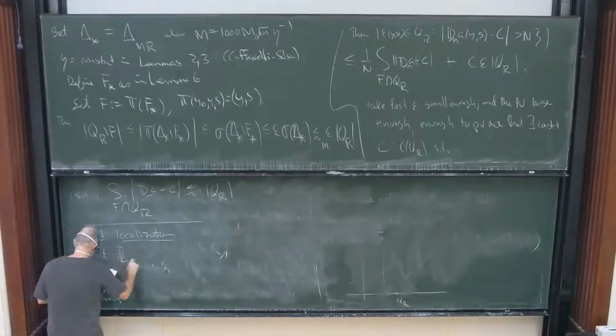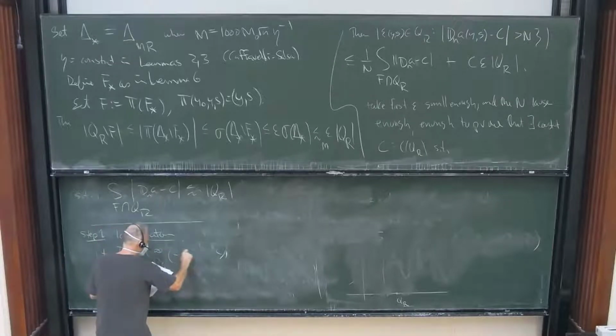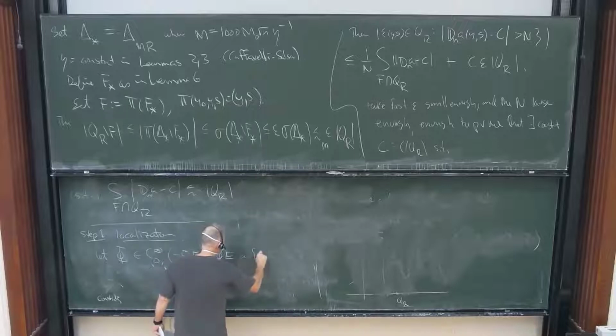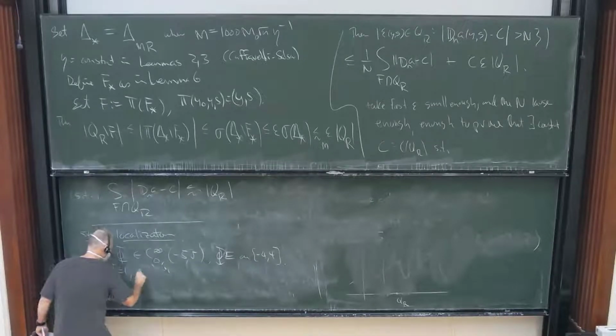This won't be hard. So we're going to let capital phi be in C0 infinity of, let's say, the interval from -5 to 5. It's going to be a nice smooth bump function, identically 1 on the interval from -4 to 4. It's always between 0 and 1. We're going to take it to be even.